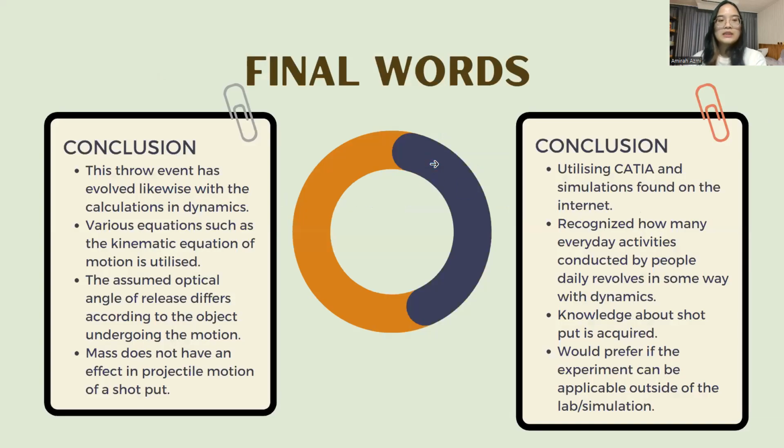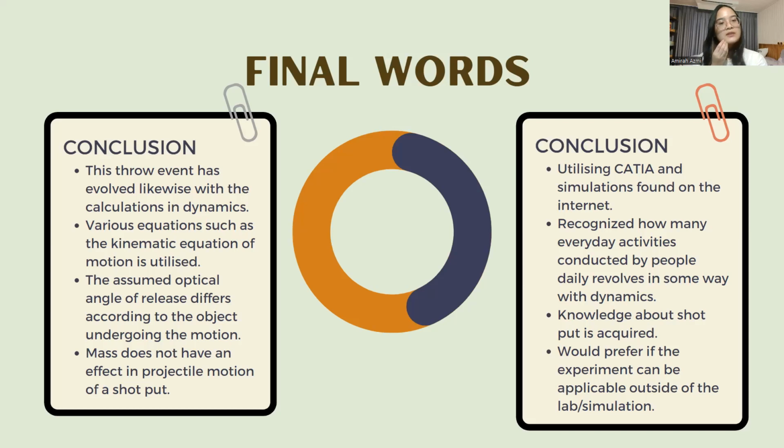As a conclusion, this throw event has evolved with the calculations in dynamics. Various equations, such as the kinematic equations of motion, are now being utilized in this century in just basically everything that you would possibly have questions for.